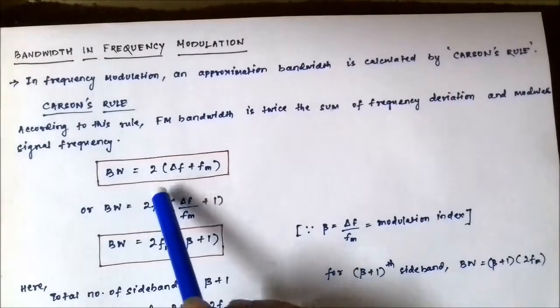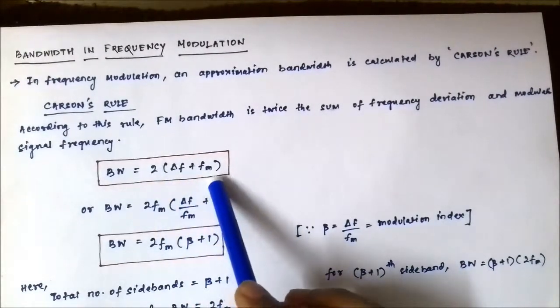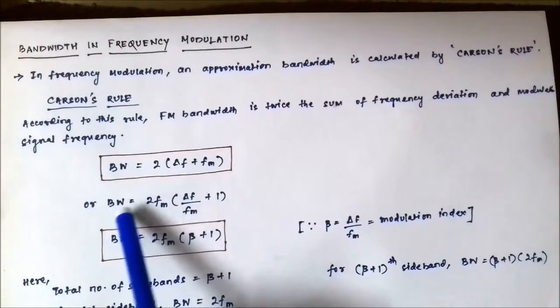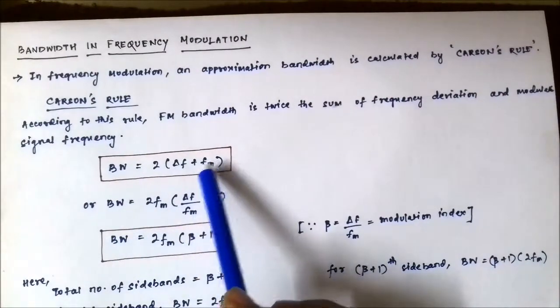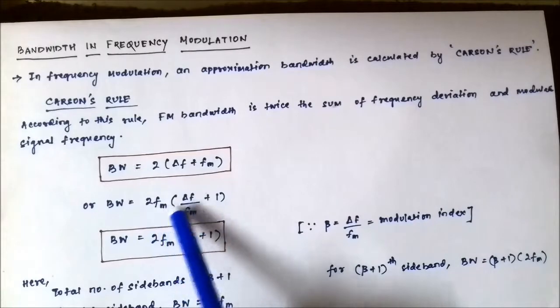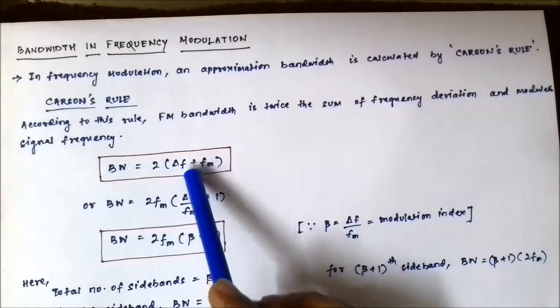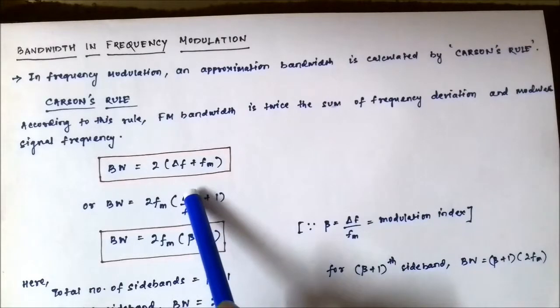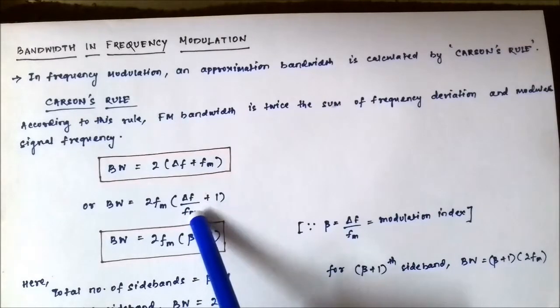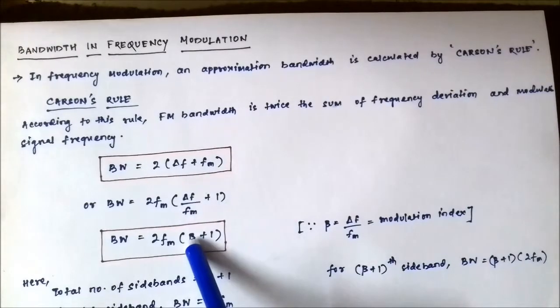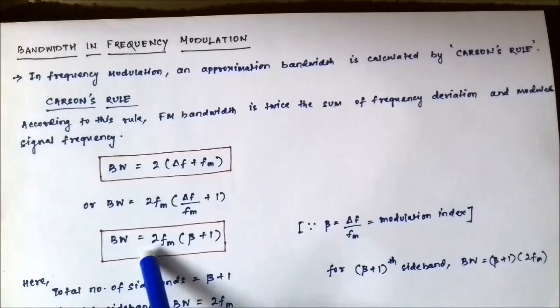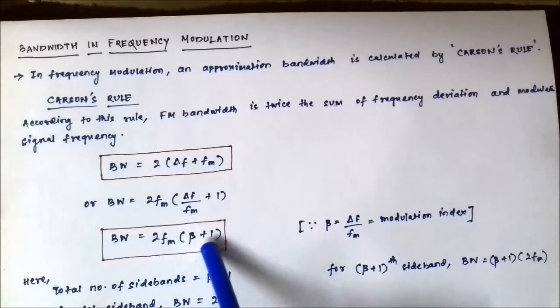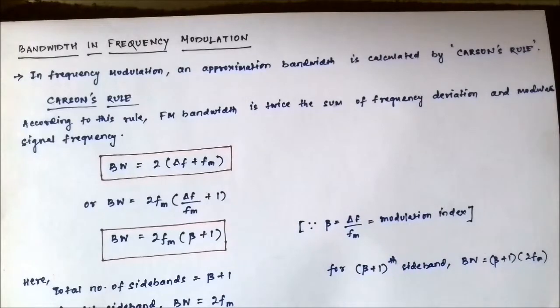Bandwidth is equal to 2 into (delta f plus fm). So it can also be written, when you take fm common, as 2fm into (delta f by fm plus 1). Now delta f by fm, we all know, is the modulation index beta. So it can also be written as 2fm into (beta plus 1).